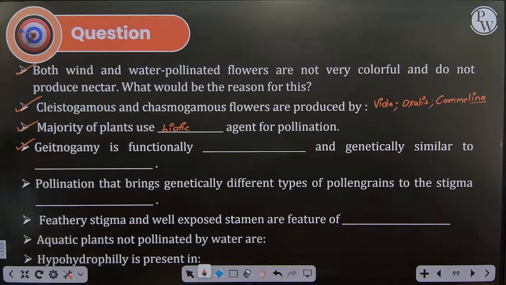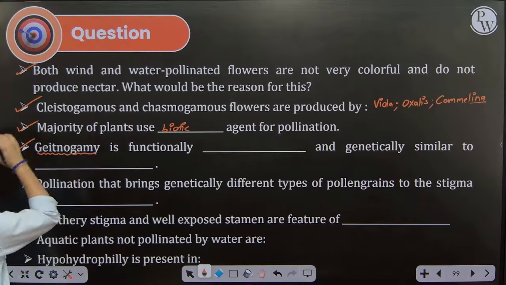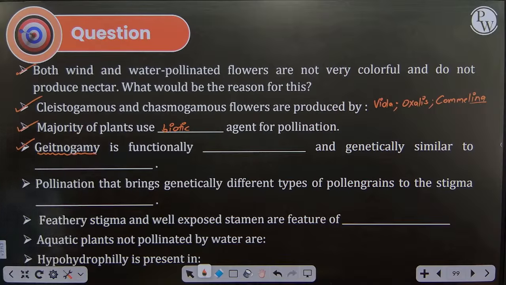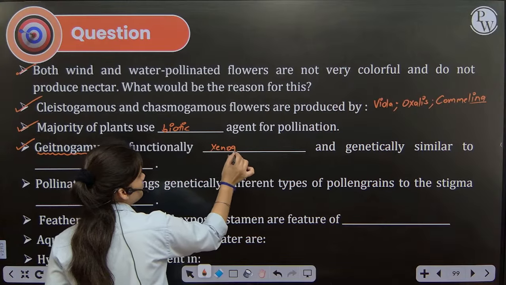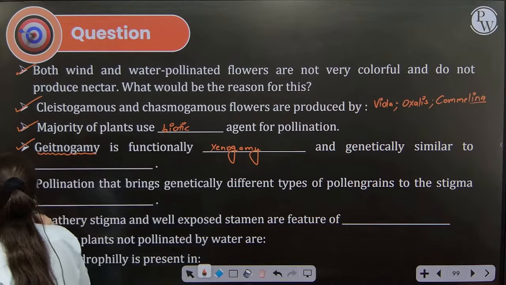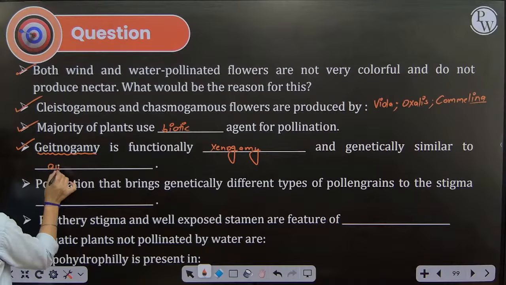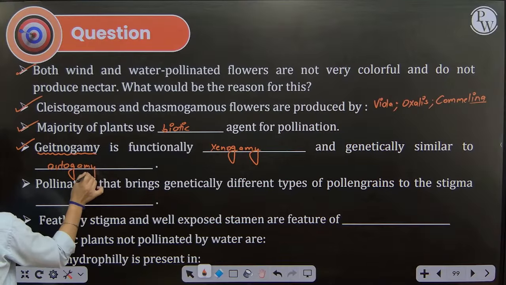Geitonogamy. What is geitonogamy? Transfer of pollen grain from the anther of one flower to another flower but of the same plant. Functionally it is xenogamy, and genetically it is similar to autogamy because the genetic makeup is from the same plant.